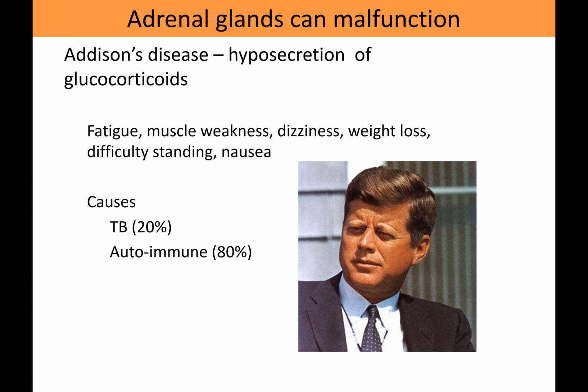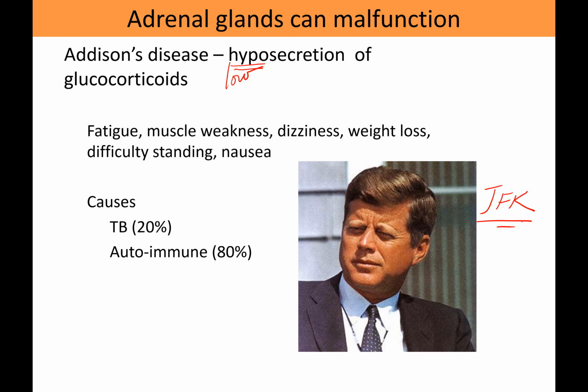So here's a couple disorders that affect the adrenal glands. The first is Addison's disease, and again, they have a low secretion, a hyposecretion of those glucocorticoids. And a good example of that is actually JFK. He secretly had Addison's disease when he was campaigning for president back in the 60s.